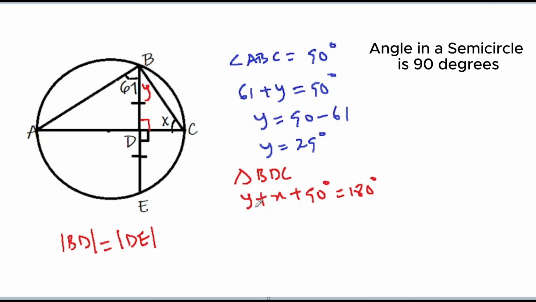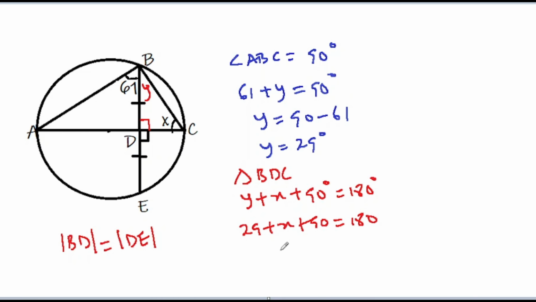And our y is 29, plus x, plus 90, is 180. So we can say this is 119. That's 29 plus 90. That's 119, and x is 180 minus 119. So our x is 61 degrees.